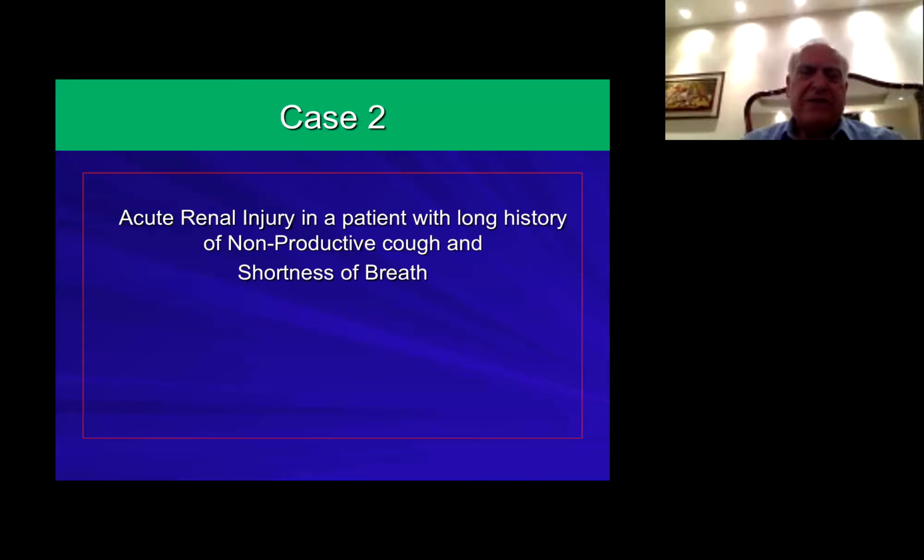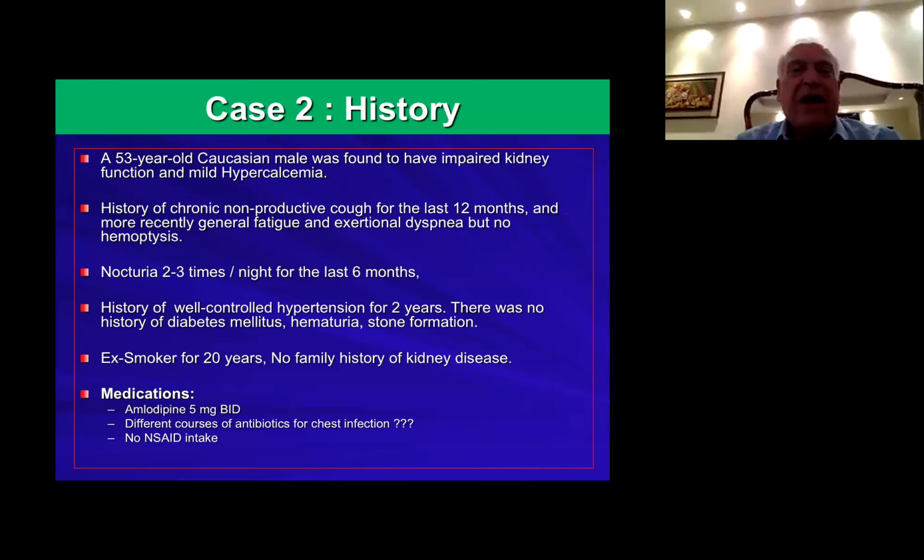Now, this patient here has acute kidney injury, with a long-standing history of non-productive cough and shortness of breath. Someone may have an answer now. Caucasian male, impaired kidney function with mild hypercalcemia. History of non-productive cough for the last 12 months. More recently, general fatigue and exertional dyspnea, but no hemoptysis. He has nocturia 2 to 3 times for the last 6 months. He's not diabetic, by the way.